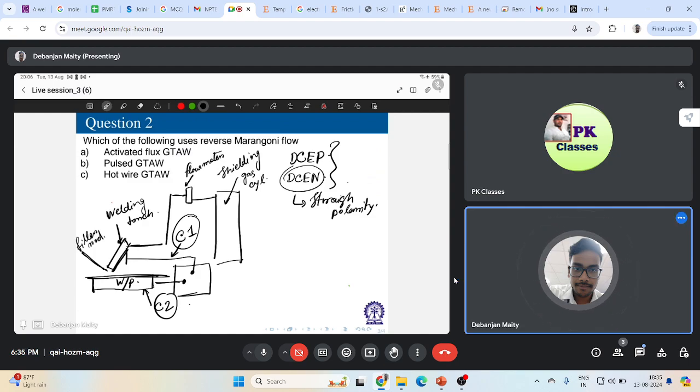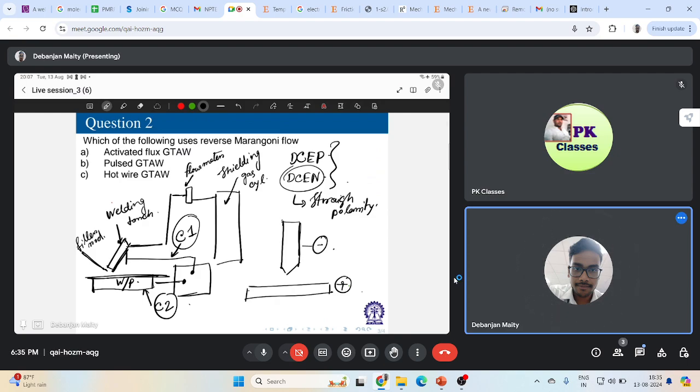As the name suggests, over here the electrode is connected to the negative terminal of the power supply. So if this is my electrode and this is my workpiece, the electrode will be connected to the negative terminal and the workpiece to the positive terminal, right?